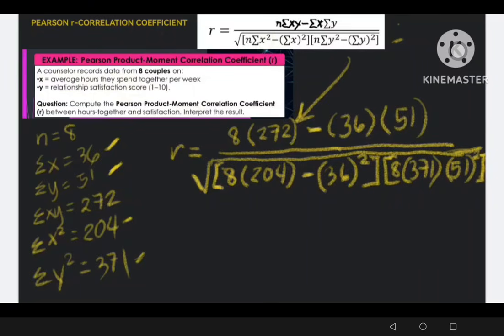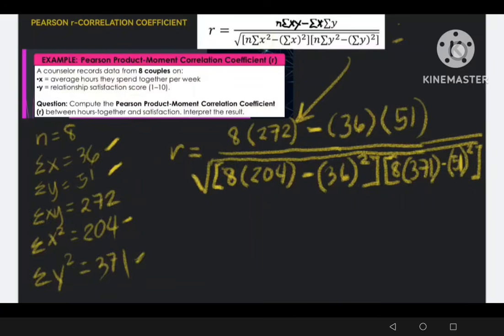Just so it is clear, we have to the power of 2 here: 8 times 371, close, and then minus summation of y, 51, close, to the power of 2, and then close. Okay, so that's it.